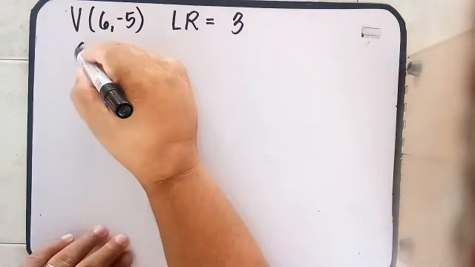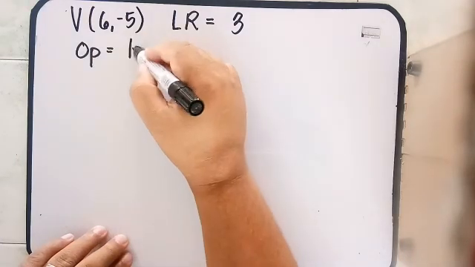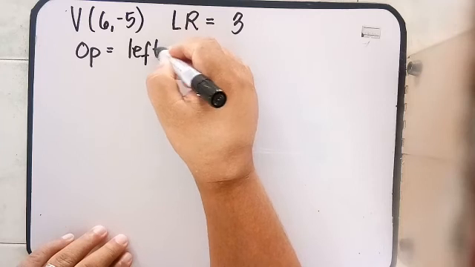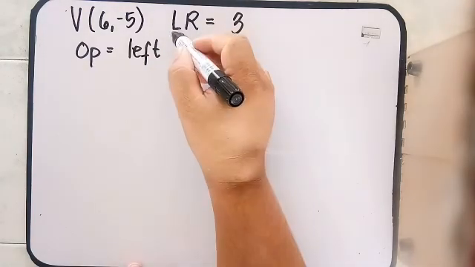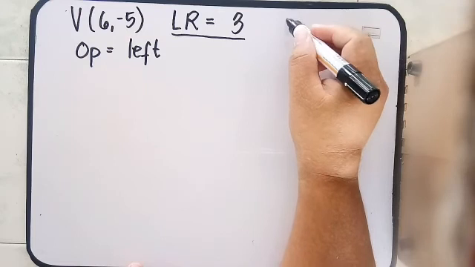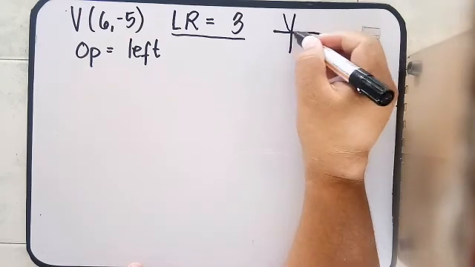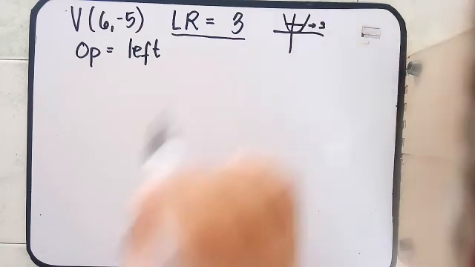And the opening of your parabola is to the left. Okay. Take note that the latus rectum here means its length is 3. If this is your graph, this is its latus rectum, and its length is 3.